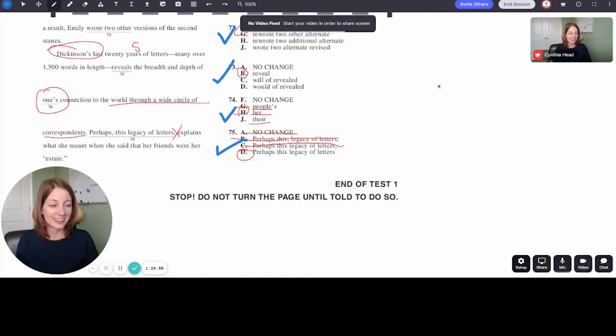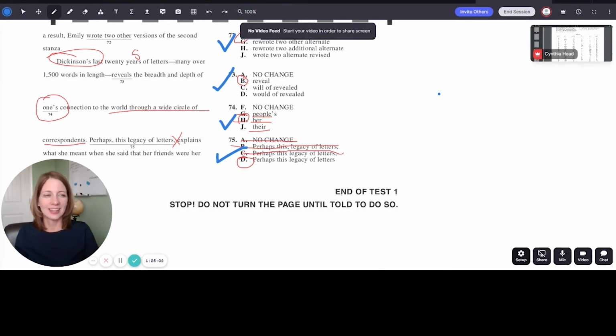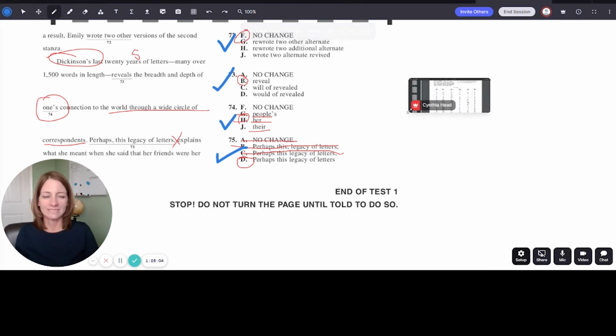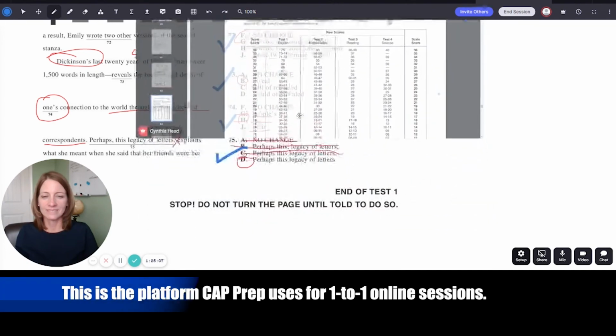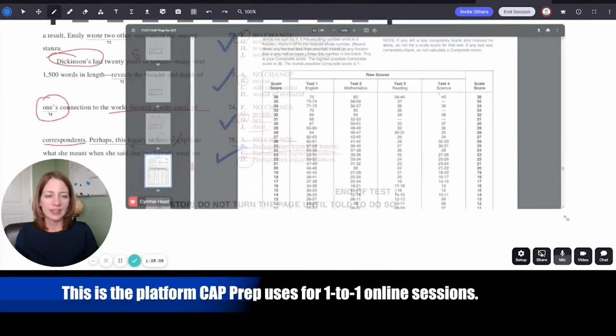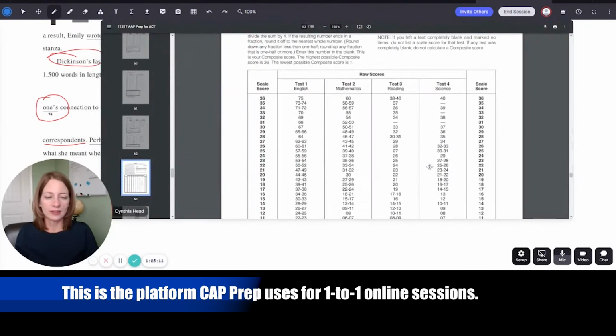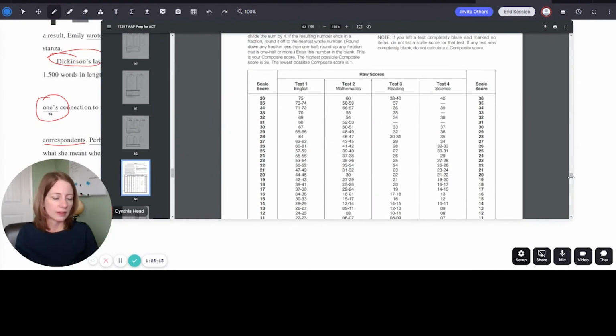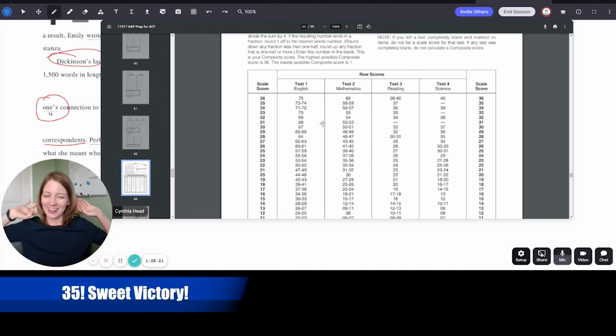There you go. There I am, double time. Okay. You put in the number correct, and on this test, I missed 2. Okay. So I still got a 35.